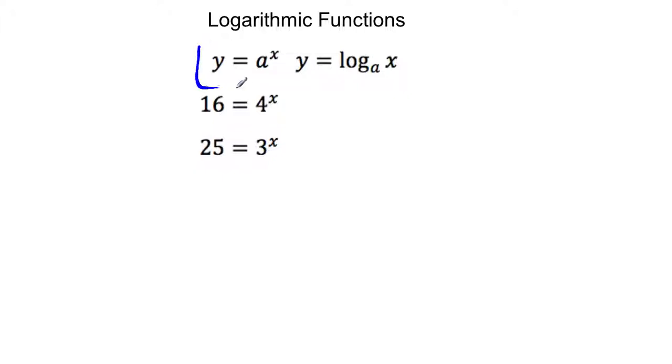So notice this relationship here. y is equal to a to the x.